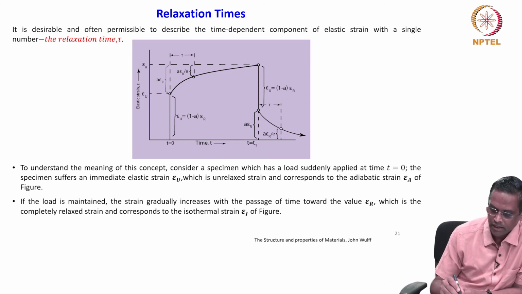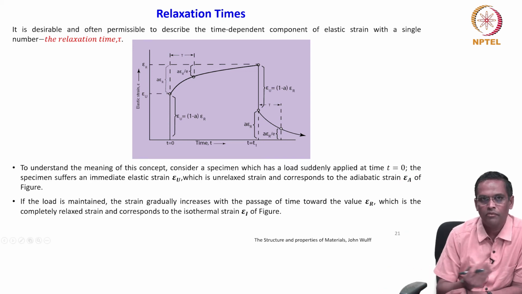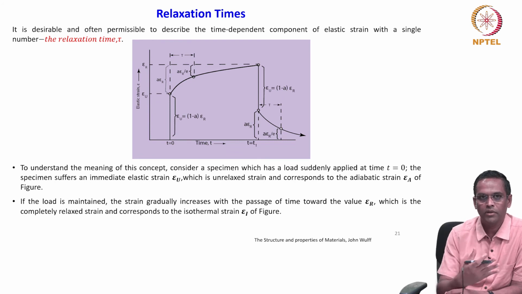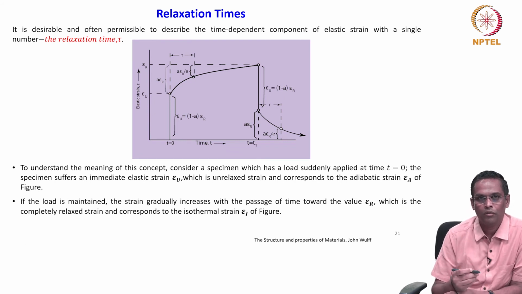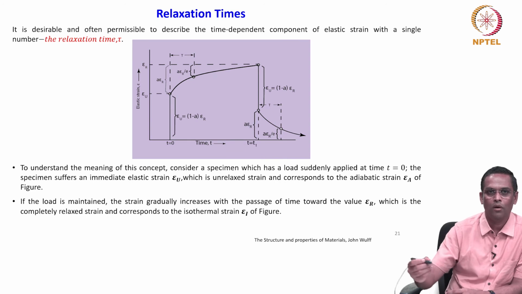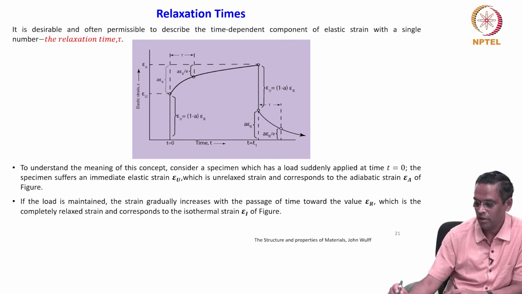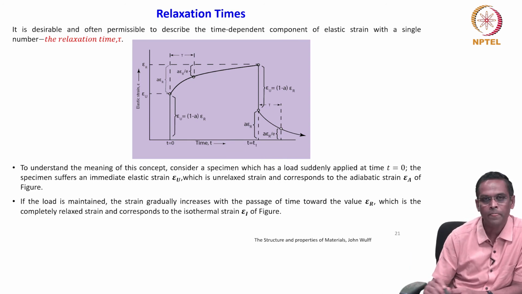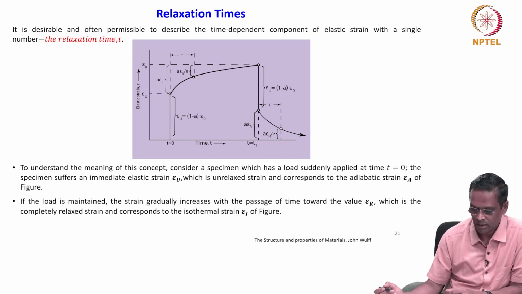There is some inconsistency here. The immediate elastic strain epsilon U is also equivalent to epsilon A of the original figure we have. In the introduction we used epsilon A to explain the concept of isothermal loading and adiabatic loading, so that is why it is brought here. It is equivalent to epsilon U, so you don't have to get confused with that.